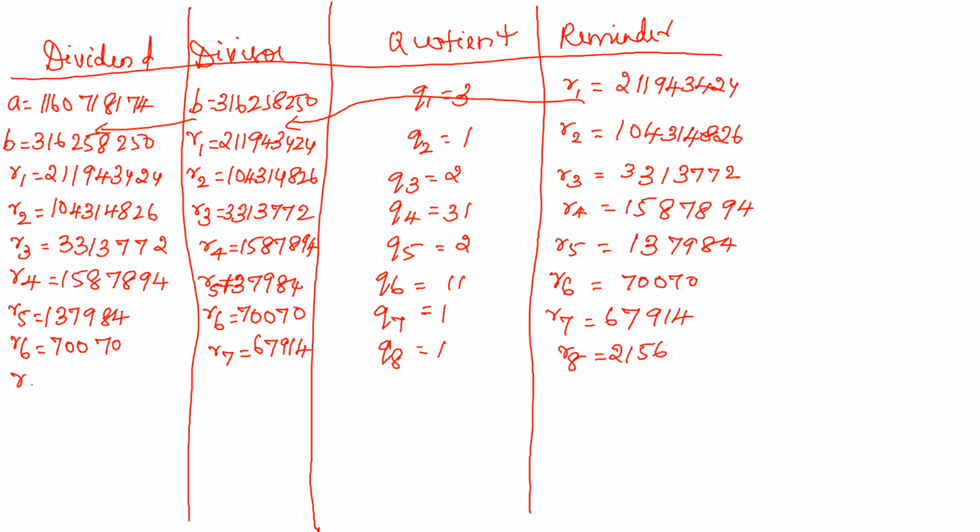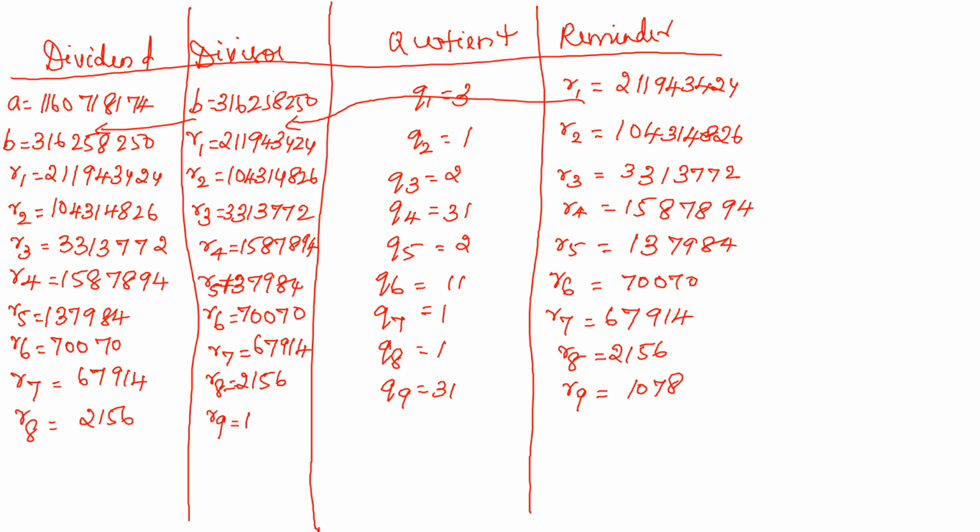Okay, in the next step, remainder R7 will be equal to 67914. R8 will be equal to 2156, and your new quotient Q9 will be equal to 31, and new remainder R9 will be equal to 1078.